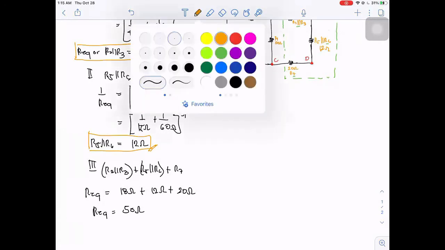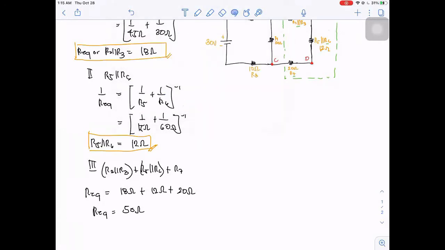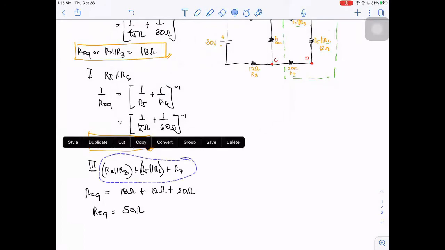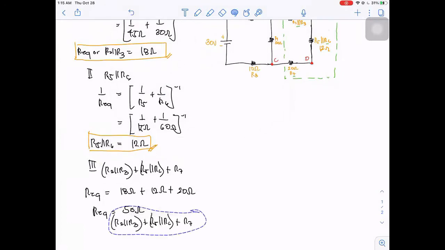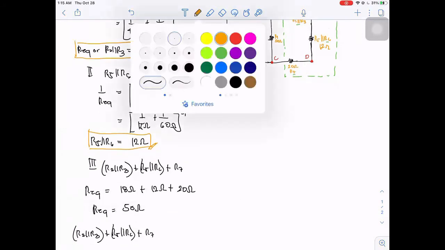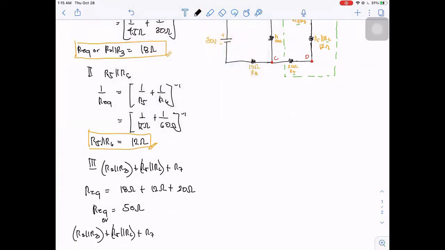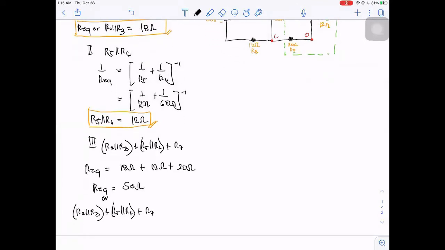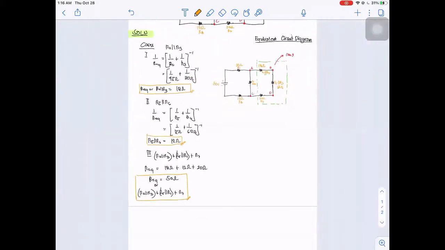So this is equivalent to 50 ohms, and this is equivalent to our R2 parallel R3 plus R5 parallel R6 plus R7. Okay, so we already solved the third case.